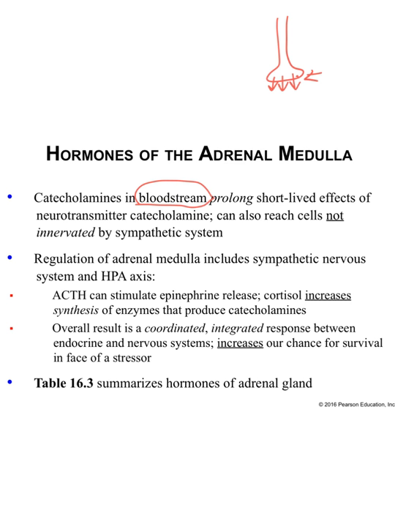So ACTH stimulates epinephrine release, although its primary effect is on the adrenal cortex. Okay, cortisol causes epinephrine release. So basically what we're seeing here is a coordinated response between the endocrine and nervous system, the two systems that are helping regulate homeostasis.